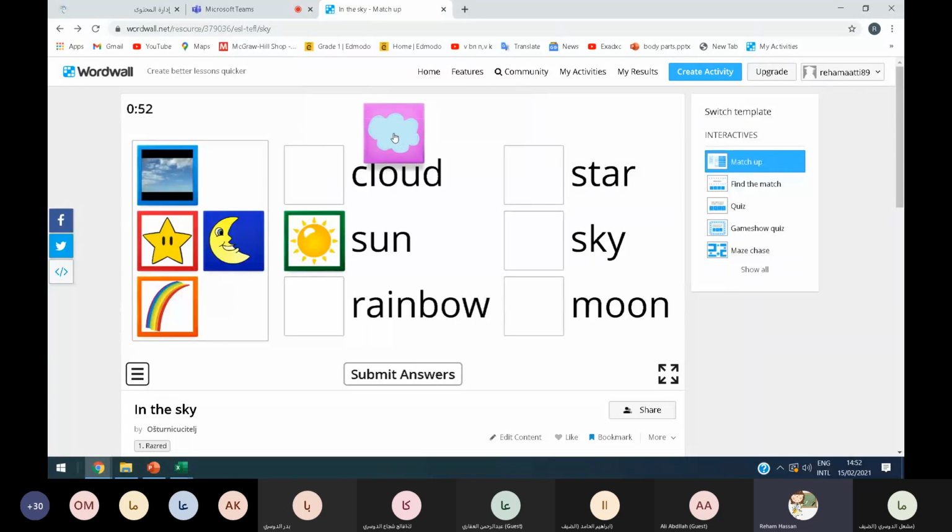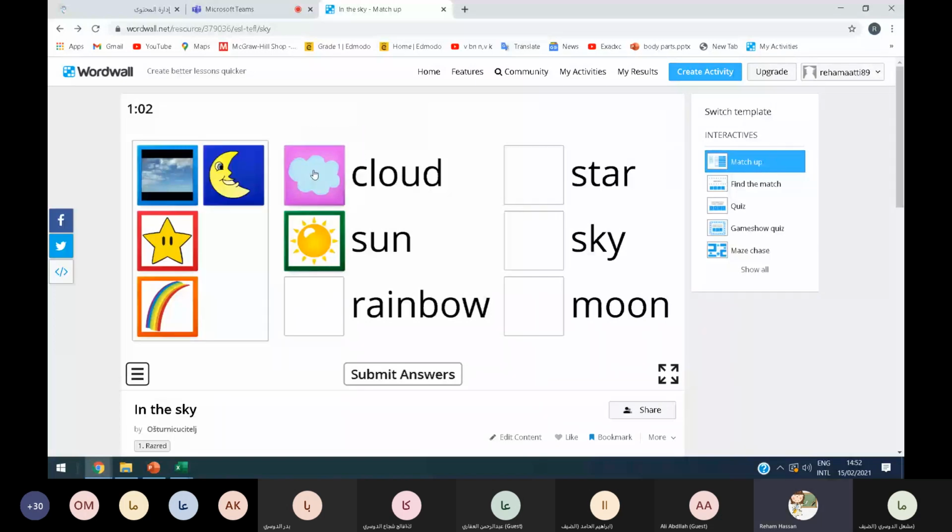We can see the cloud, or is this a picture of a cloud or a star? Yes, the cloud. We can see the clouds in the day and at night. Thanks a lot, Saad.